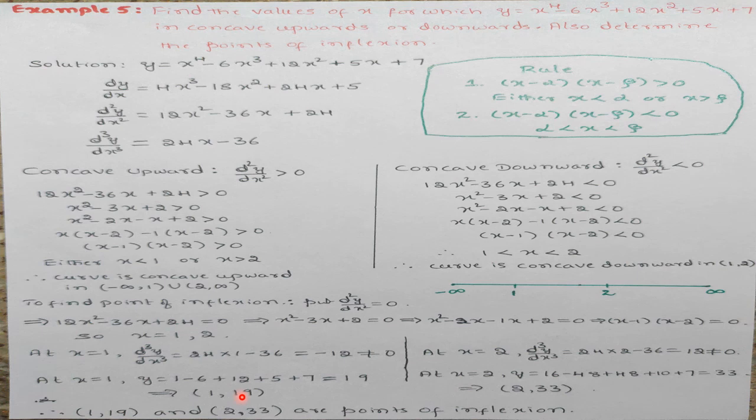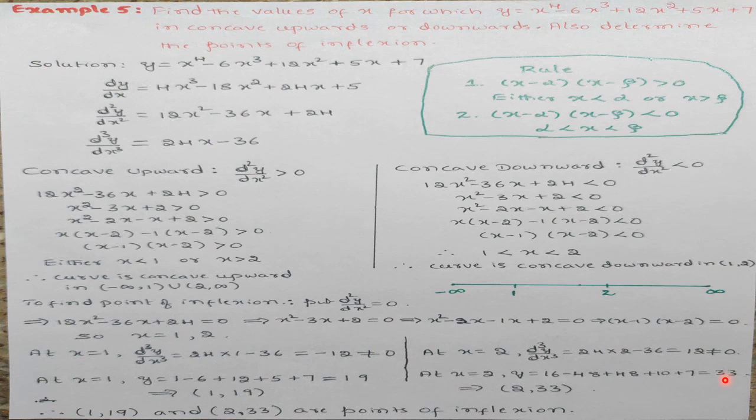Next, at x = 2, find out y. How to find y? Put x = 2 here: 2⁴ − 6 × 2³ + 12 × 2² + 5 × 2 + 7. Substituting x = 2 in this original equation, you will get 33. At x = 2, y is 33.